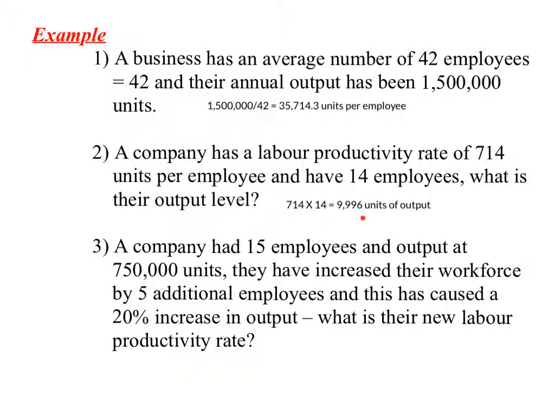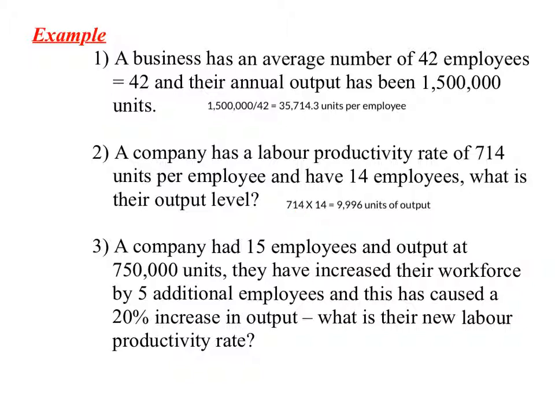Now if you were to double check that, do your usual formula, your 9,996 units divided by your amount of labour, and you should get 714 units per employee. Okay, so remember the final answer should be measured in units per employee.